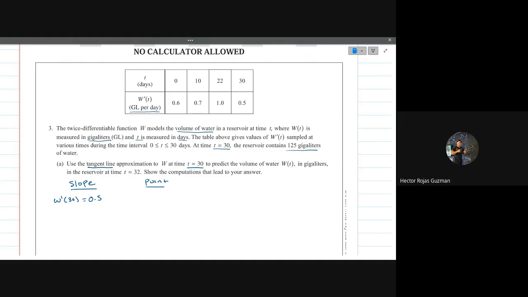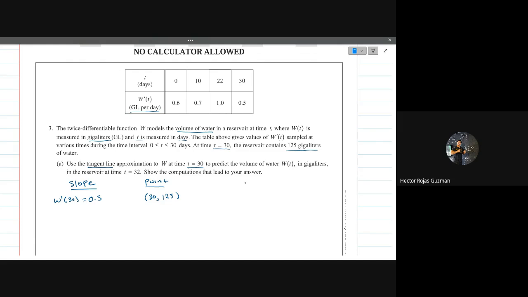Now my point at 30, since t is technically like my x coordinate, we're going to have 30 right here, and we need to figure out how much water there is. And if you read the problem carefully, and if you underline all the information given to you, we know there is 125 gigaliters at 30.